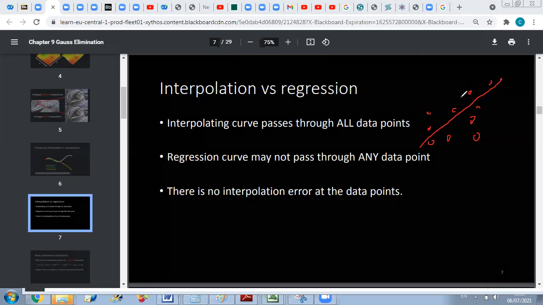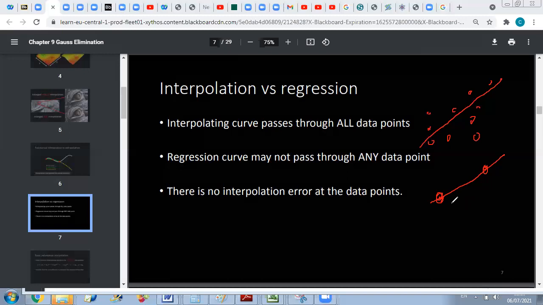However, when you do interpolation, then your curve should pass by the 2 points, or if you do a quadratic fit, it should pass by the 3 points, etc. So this is why in interpolation we don't have any error at the data points, because my function will pass by these data points.